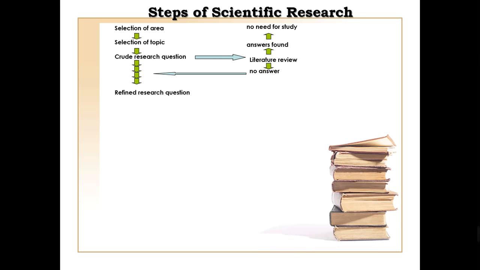You can refine, and finally you get the refined research question. That means whether you are going to do antimicrobial activity or antibacterial activity. If antimicrobial activity is the topic, that is a crude research question. And if some articles are there for antifungal activity, you can choose antibacterial activity.